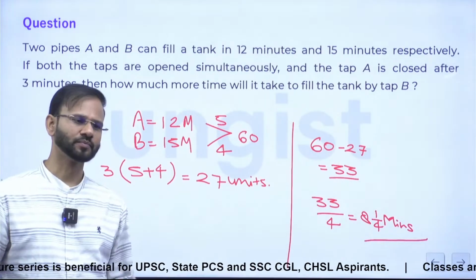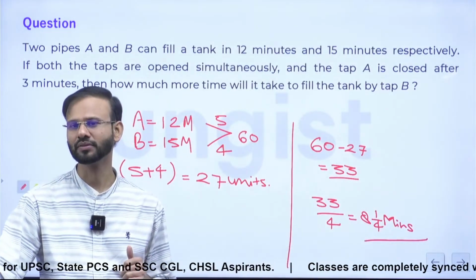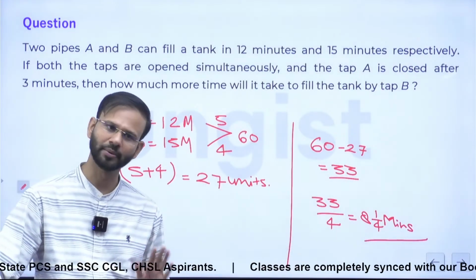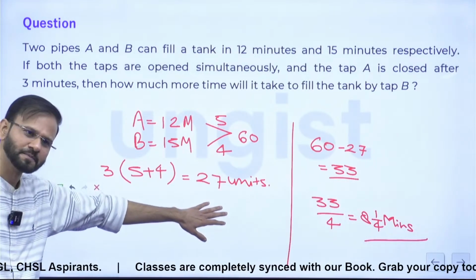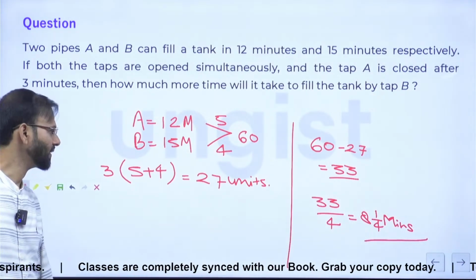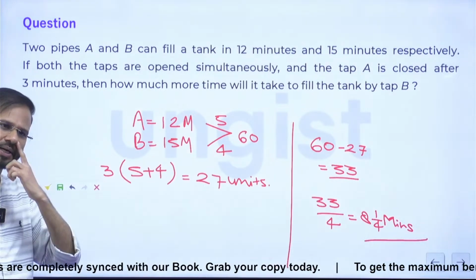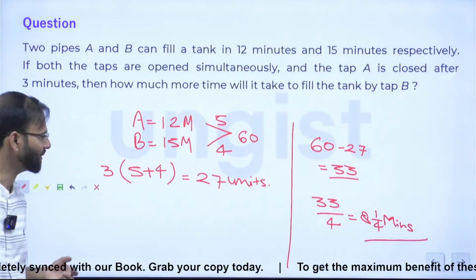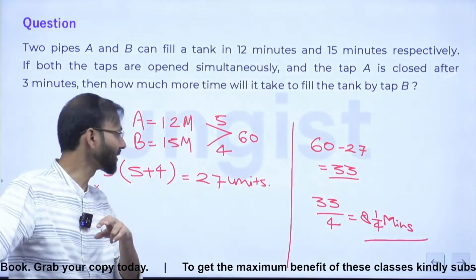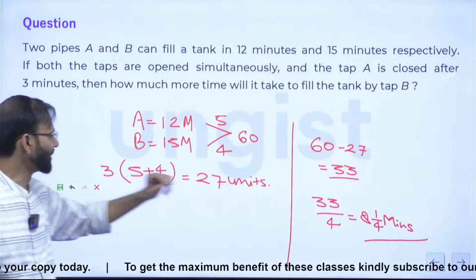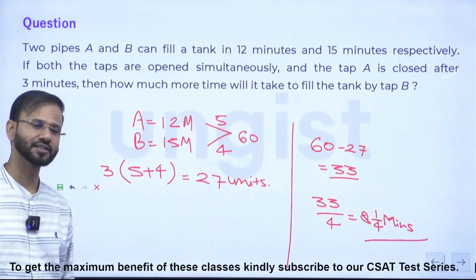Guys, is it fine now? Any doubt? Clear? Everybody fine? Your answer was 10.75? So you added 3? But adding 3 would give 11.25. If they have asked the total time, then total time will be this plus 3 minutes. That is 11 1 by 4, if they are asking the total time.